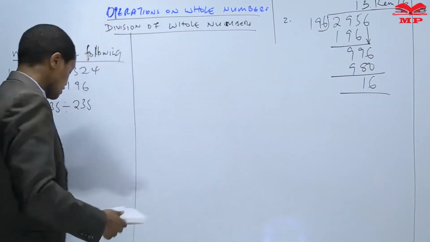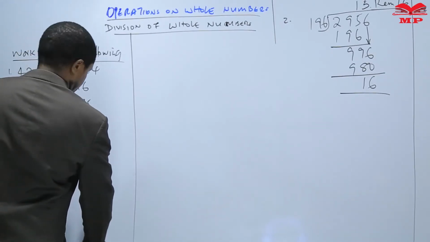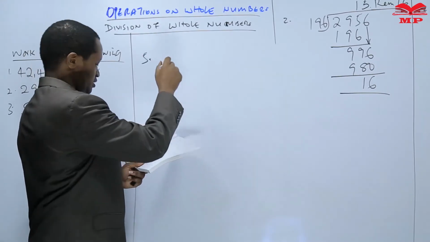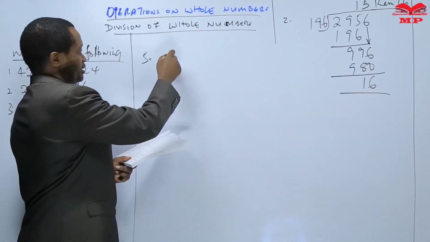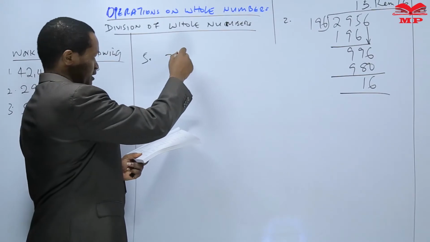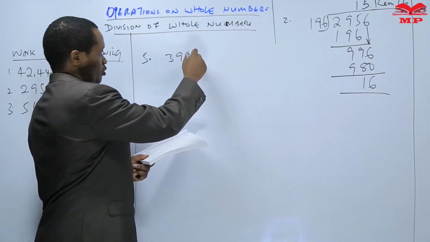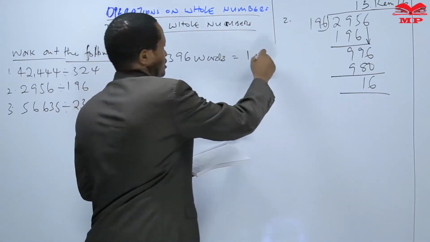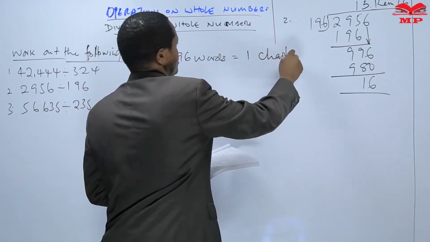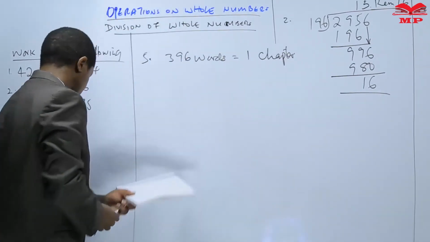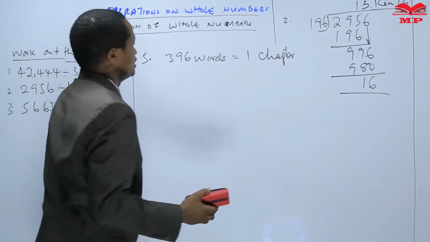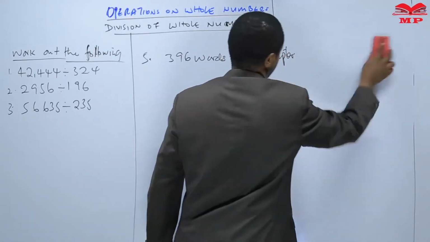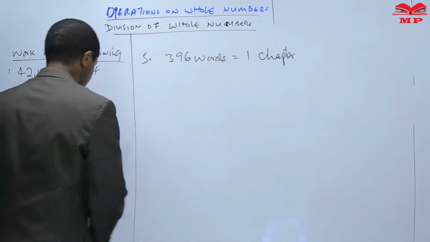So here, this is question 5. 396 words are contained in one chapter. That's the information we have.